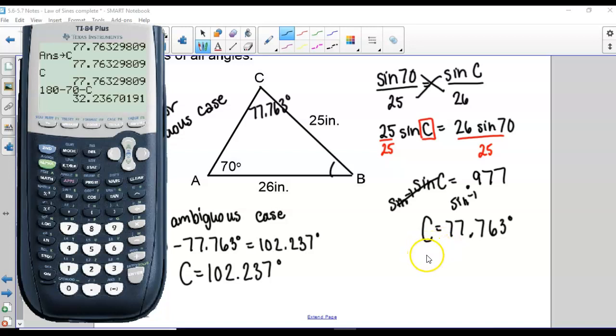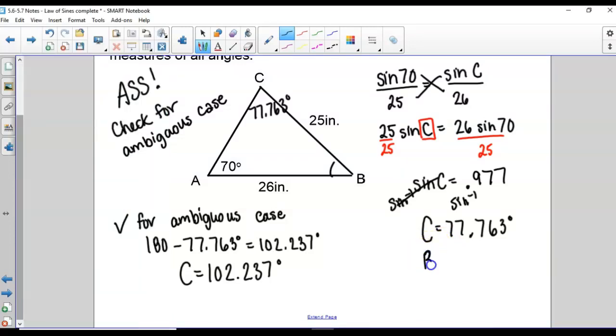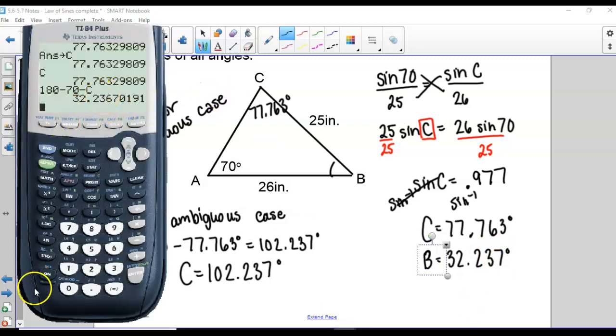So B is 32.237. And I'm going to store that as B. So now if I need B, I can use that letter instead of using the rounded value.